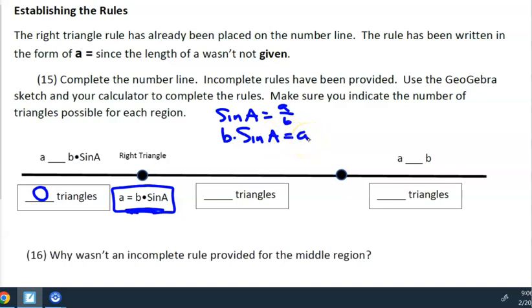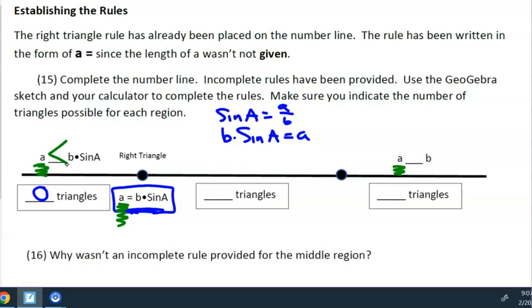For setting these problems up to test them, I would always recommend putting the opposite side first when trying to make the decision, not second. When they're equal, we have a right triangle. But when a was smaller than that answer, if a happens to be smaller than b times the sine of A, then we're not going to have any triangles at all.